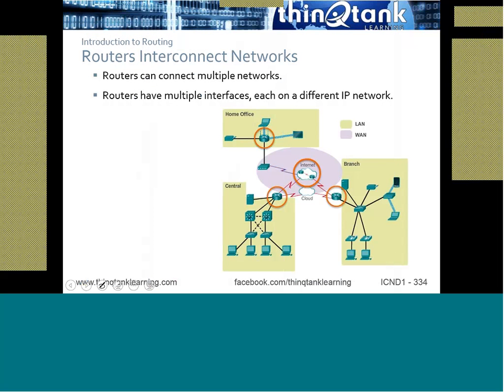We also know that routers interconnect networks. We're in a meeting center here. Each one of these meetings is a subnet or a room that people are participating in. The hallway that interconnects the rooms is kind of like the router. If you want to get from one room to another, you go out that interface or out that door, and you go into another interface or another door to get into a different room.